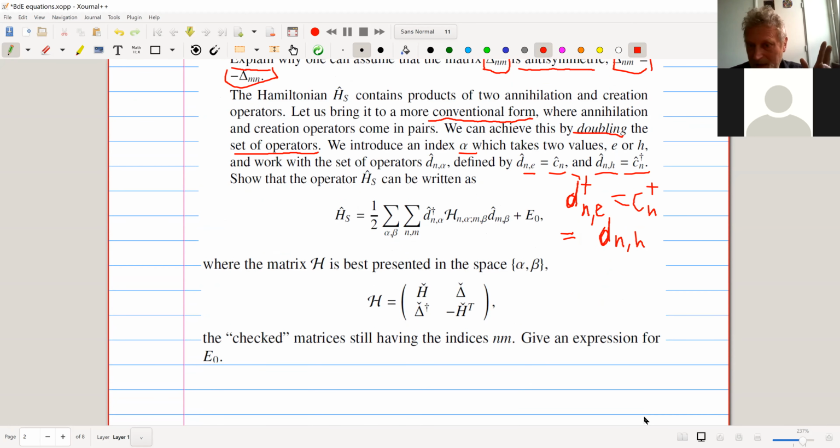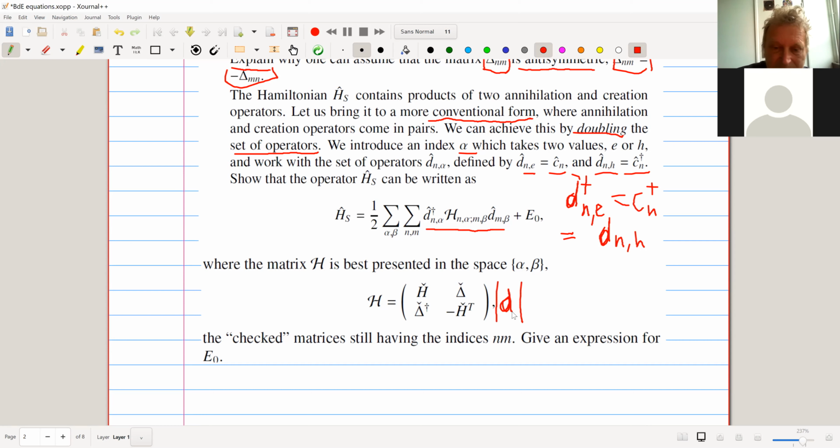We can rewrite the Hamiltonian in question in this matrix form. Here we have this matrix surrounded by vectors.